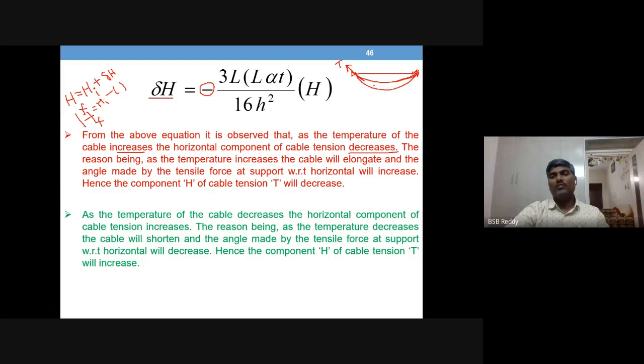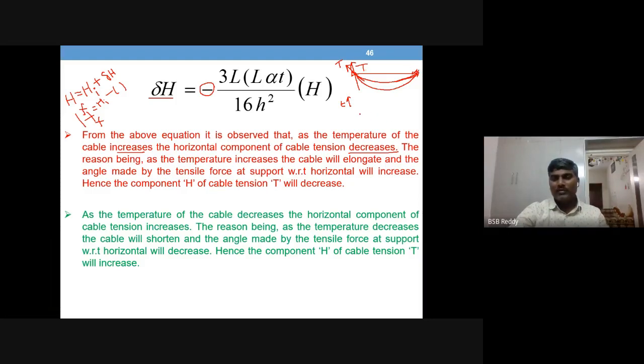What happened after temperature is increased? When temperature is increased, the cable elongated, and now the tangent for that cable is this much. This means what? Cable tension rotated clockwise.